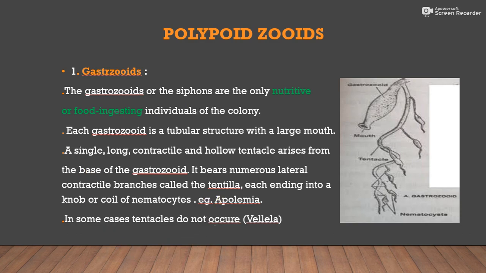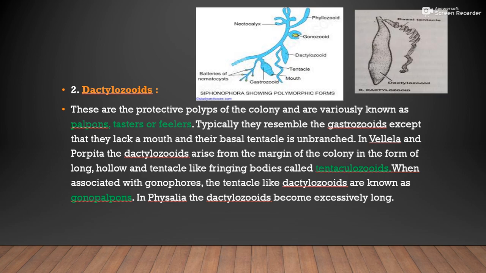Now we see another zooid, the dactylozooid. What is that? Dactylozooids are the protective polyps of the colony, variously known as palpons, tasters, or feelers.